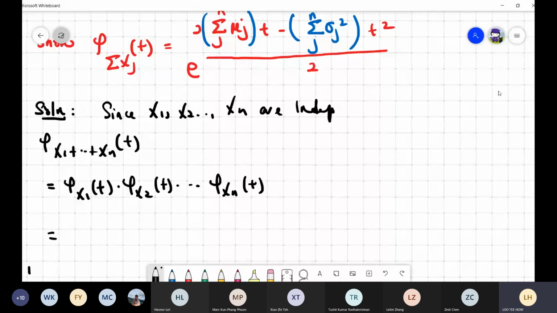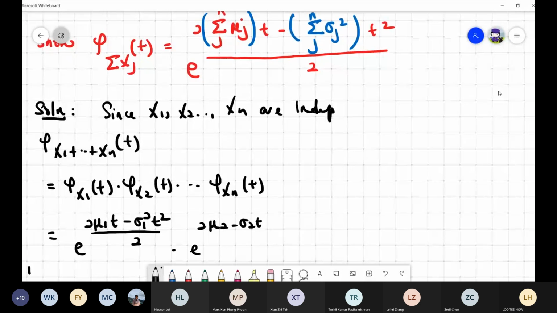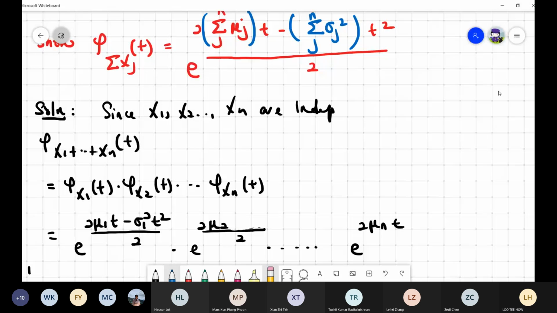So this is equal to e to the power of i mu 1 t minus sigma 1 square t square over 2, multiplying e to the power of i mu 2 t minus sigma 2 square t square over 2, and so on up to mu n t, minus sigma n square t square over 2.